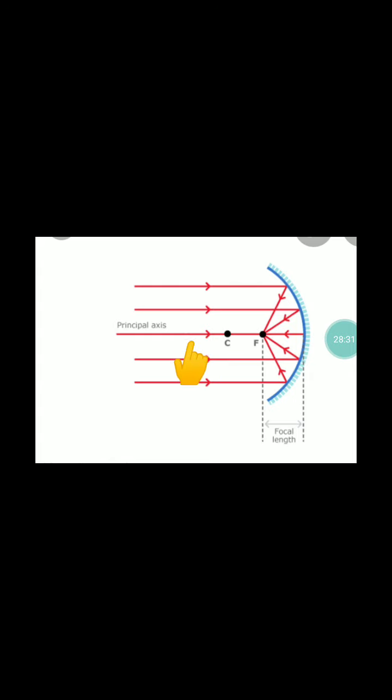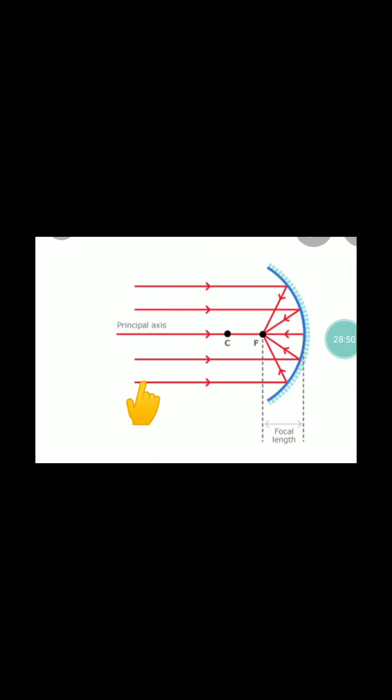Is it clear? Once again, the incident ray which is parallel to the principal axis, after reflection meets at a point. This point is called focus.